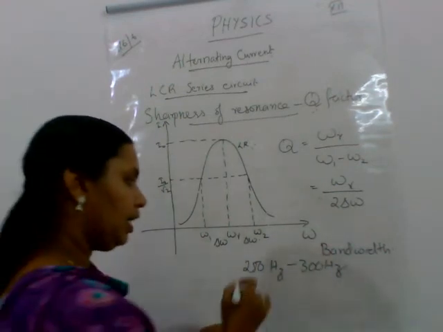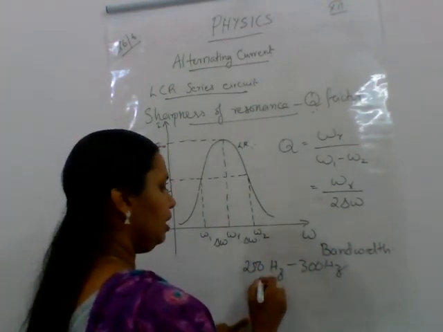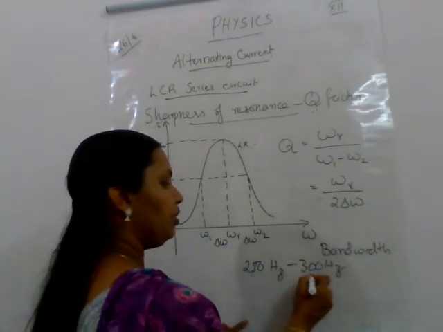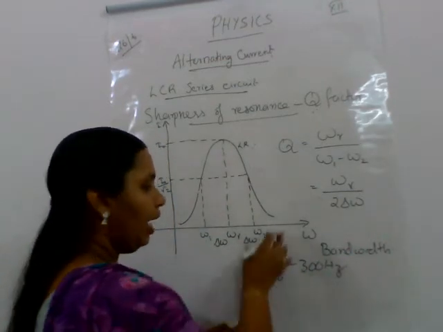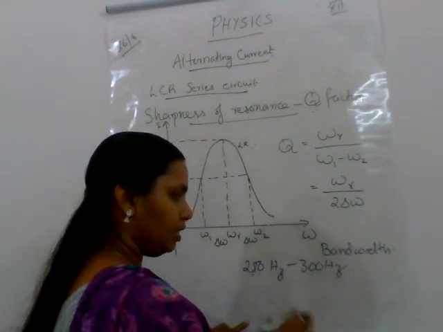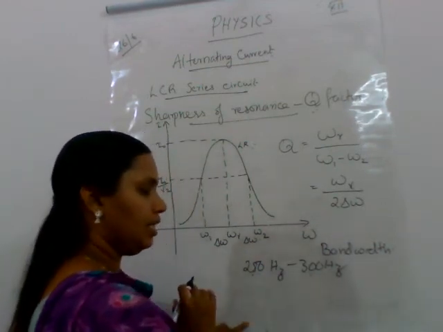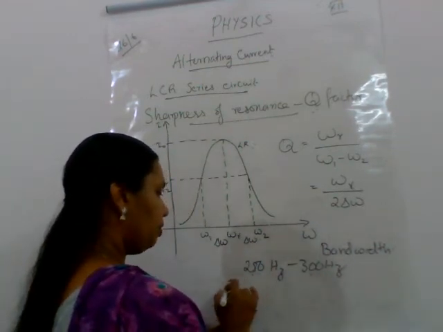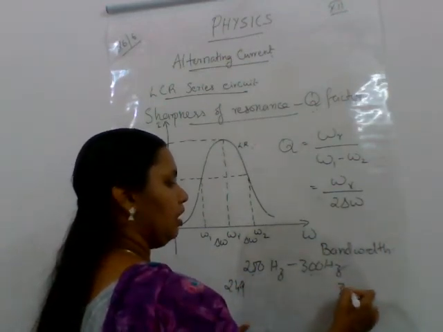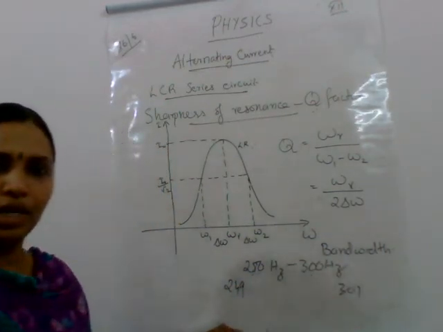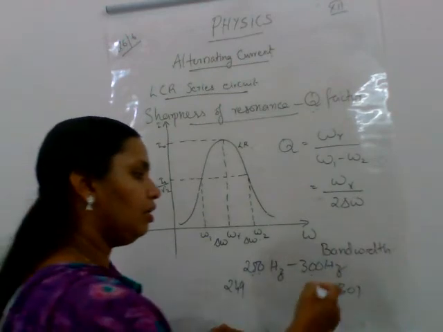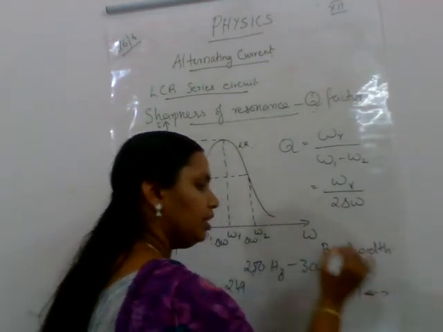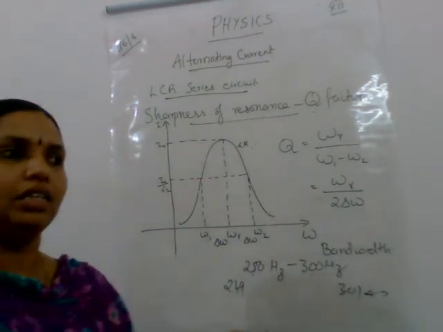They can send signals with frequency in between 250 and 300, and they can't go for 249 or 301. 249 or 301 will be allotted for another station.